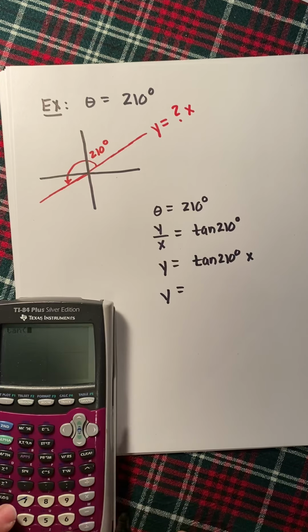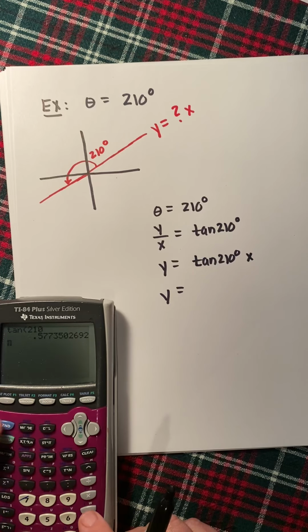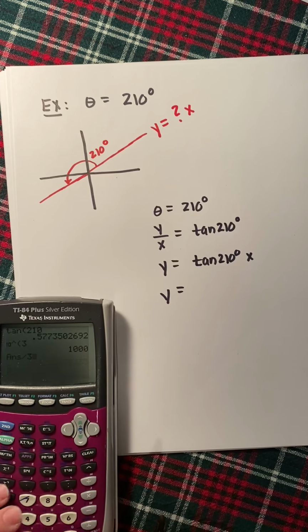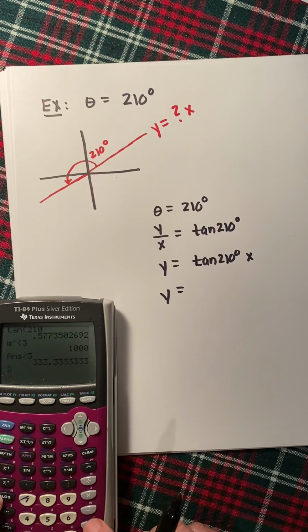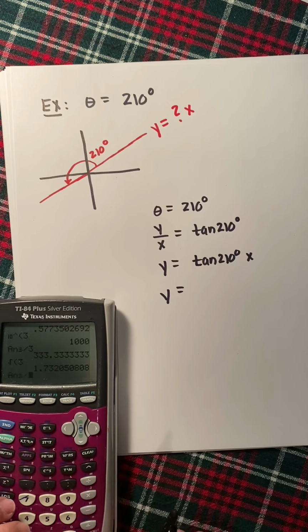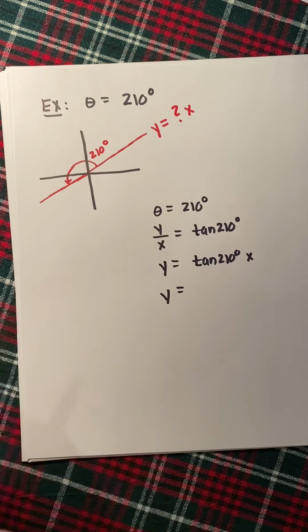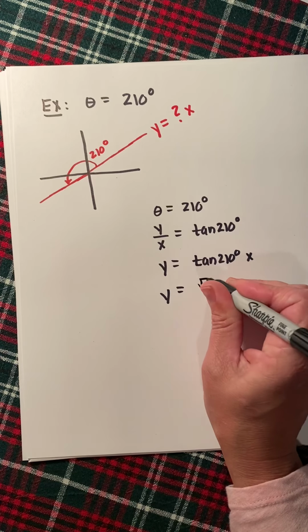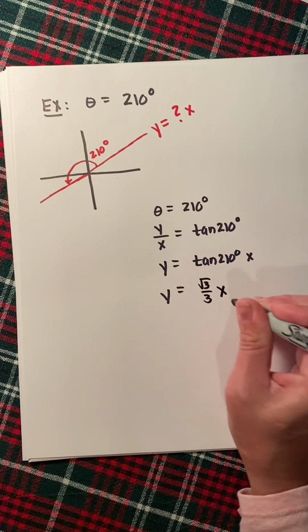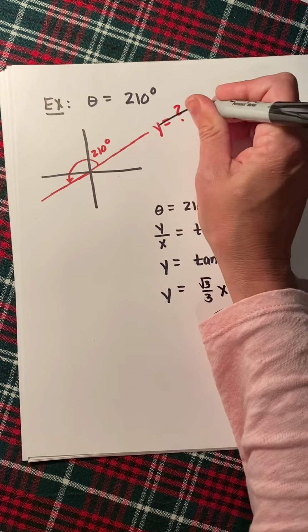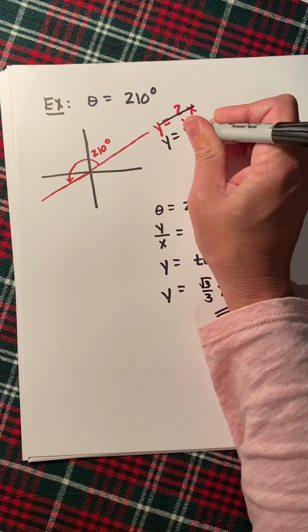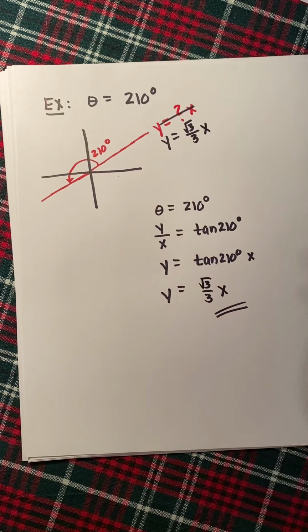Let me check, yep, square root of 3 over 3. Y equals the square root of 3 over 3 x. Woohoo!